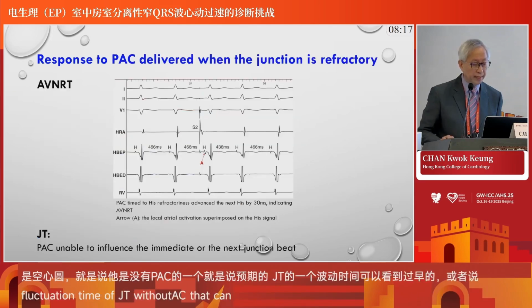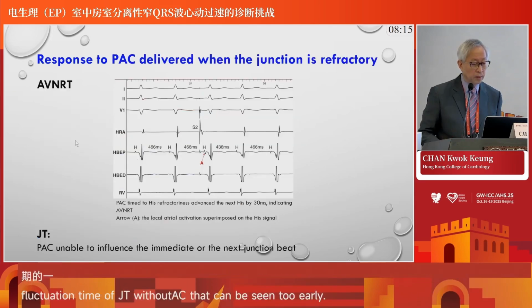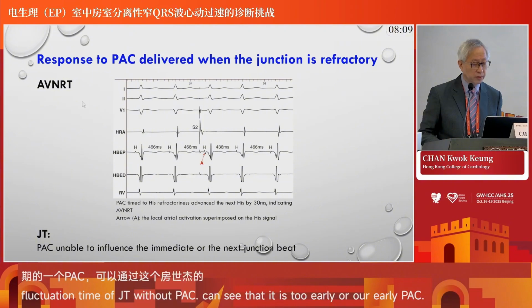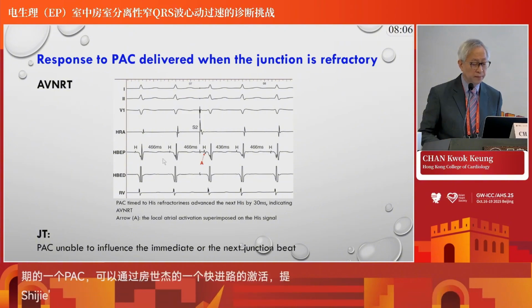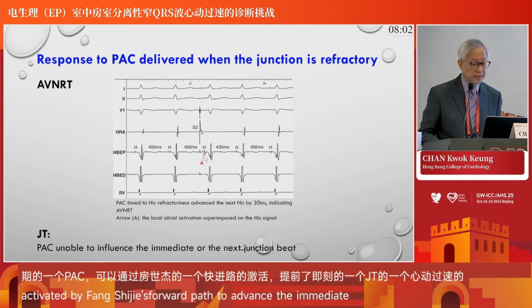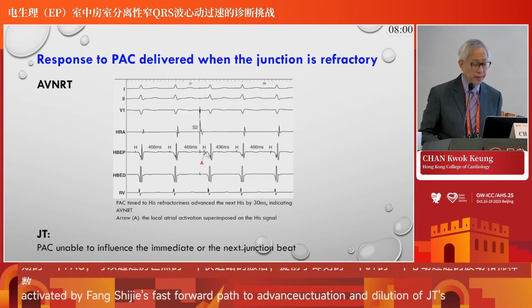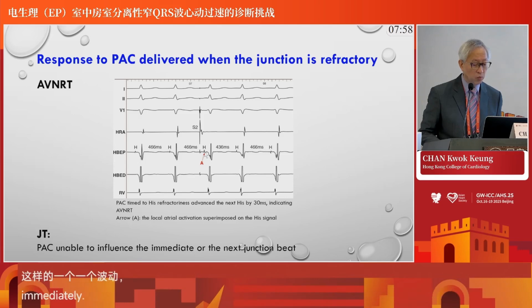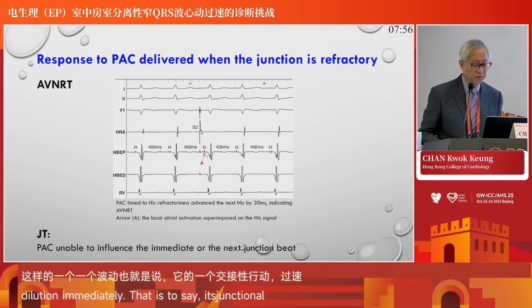Now you can see the intracardiogram. When the PAC is delivered when the junction is refractory, say for AVNRT, this is the PAC, and you can see that in this PAC, the atrial activation coincides with the H, with the His.